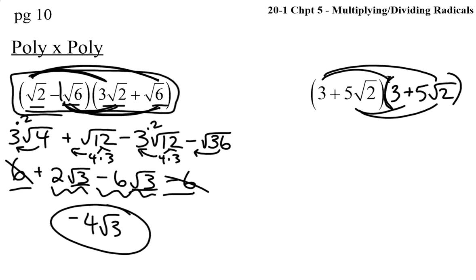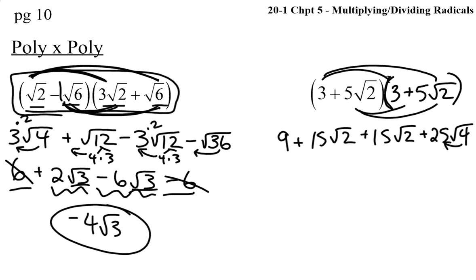Make sure of that. When you perform the FOIL steps, 9 plus 15 root 2 plus 15 root 2 plus 25 root 4. There's your steps for the FOIL. Can we simplify? Well, root 4 can be rooted out.